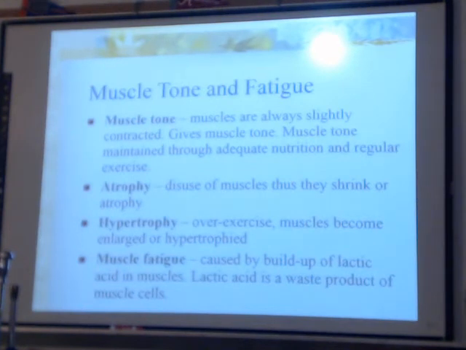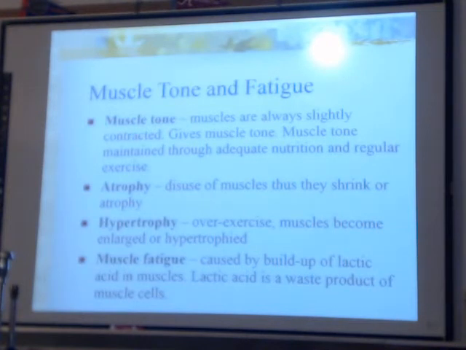Muscle tone and fatigue. So muscle tone is, muscles are always slightly contracted, and they give us our posture and our shape. And so we want to make sure that we eat right and that we get regular exercise so that muscles maintain a good form. If we don't use muscles, they shrink.